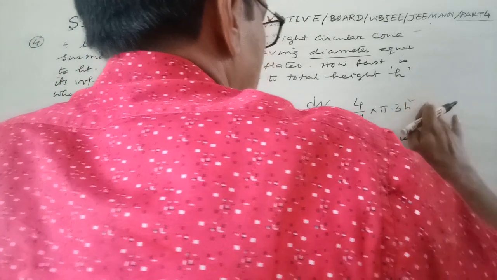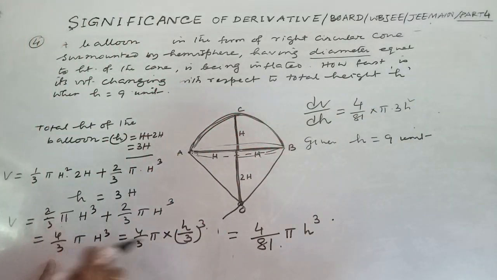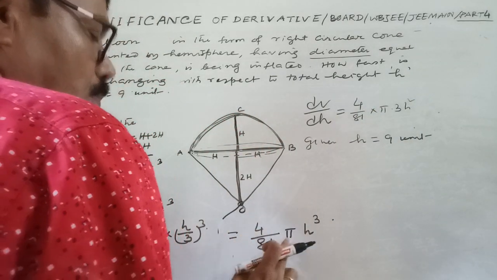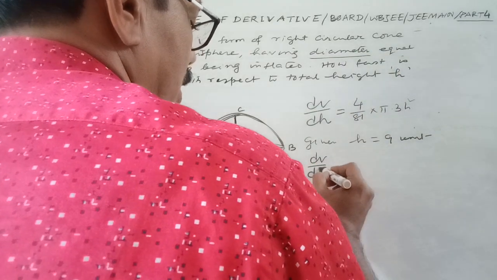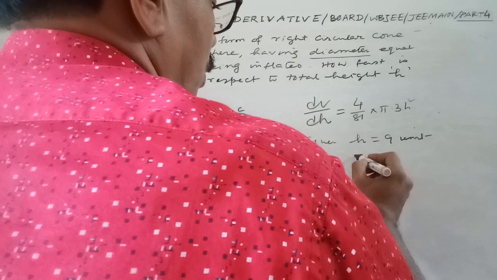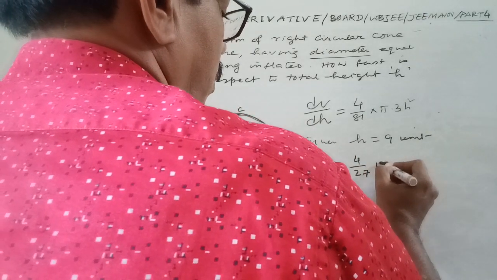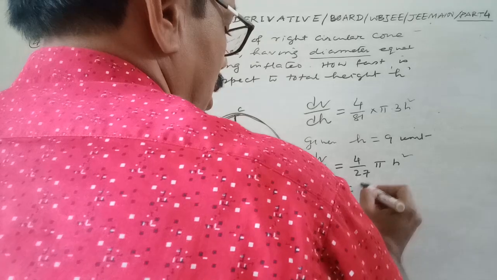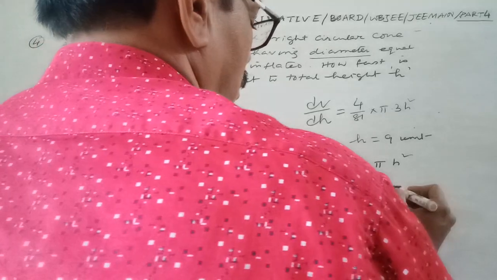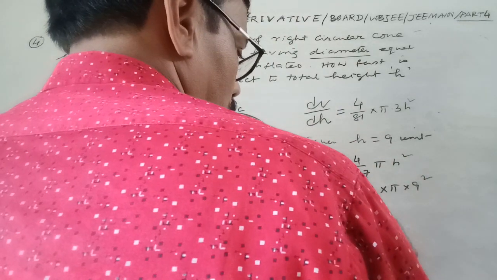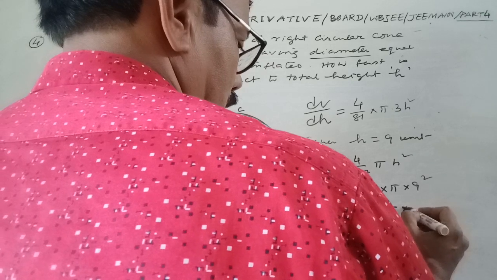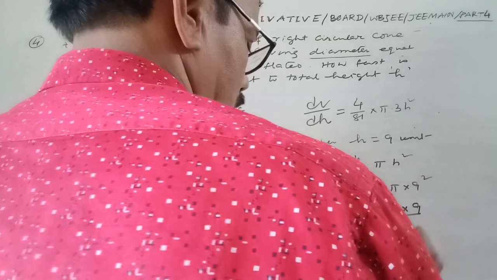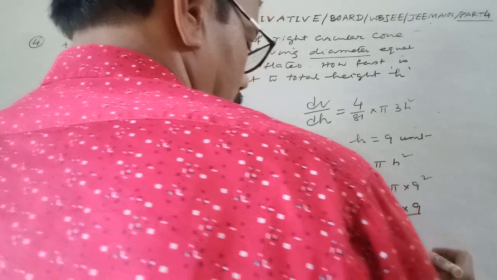So not dh by dt, because you are taking the derivative with respect to h. So 4 by 81 pi 3h square. So what is dV by dh? 4 by 27 pi h square. 4 by 27 pi into 9 square. So 9 into 3, 4 into pi into 9 and this is 3. So this is 12 pi.